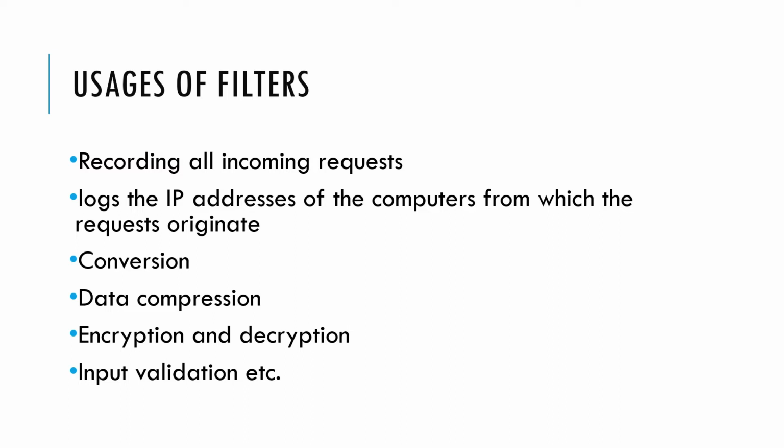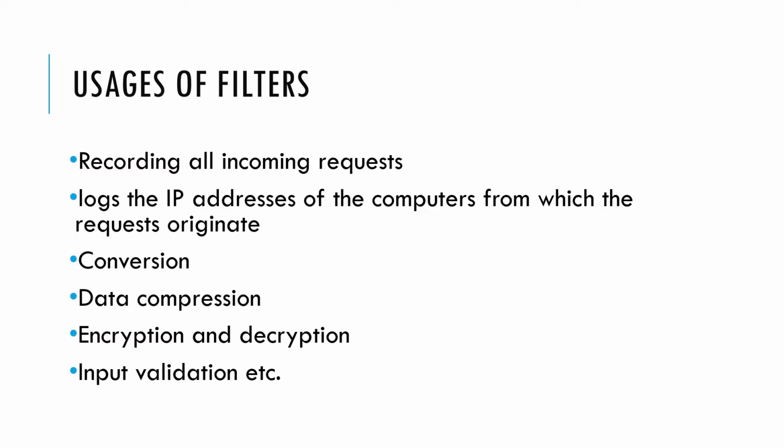We can add filters on the client side too, but that is JavaScript based, and if JavaScript is disabled on the client side, it will not be good for the application. So we can check those things on the server side. That will be more effective. And these are some of the main usages of filters.